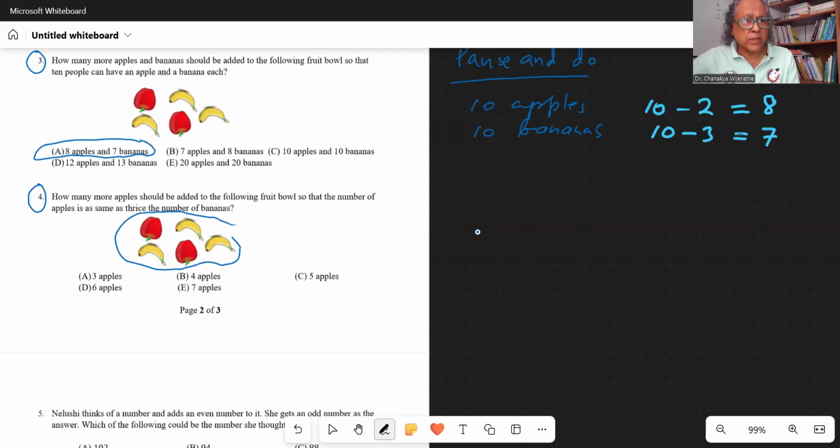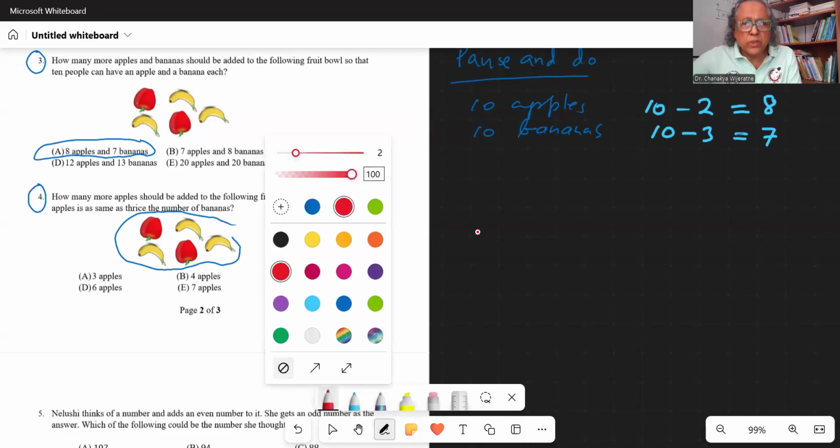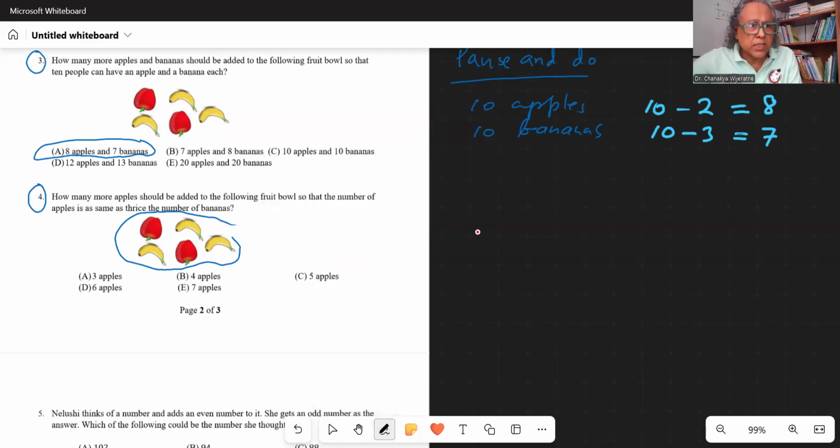Now there's a phrase there, thrice the number of bananas. So we should be able to understand it. That means 3 times the number of bananas. And we have 3 bananas. So we need to multiply 3 by 3, and we know that is 9.